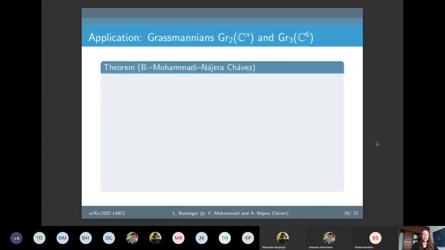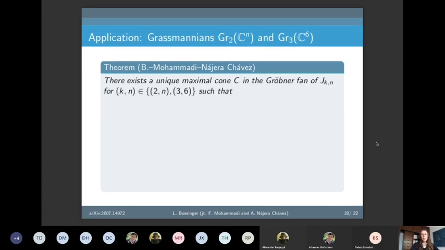Okay, so I will now tell you our results for these specific cases of Grassmannians. We take this ideal J_{k,n} presenting the Plücker algebra and look at its Gröbner fan. Now inside its Gröbner fan, we identify one specific maximal cone C that has the following properties.